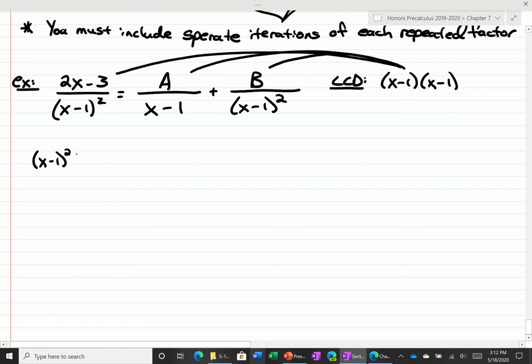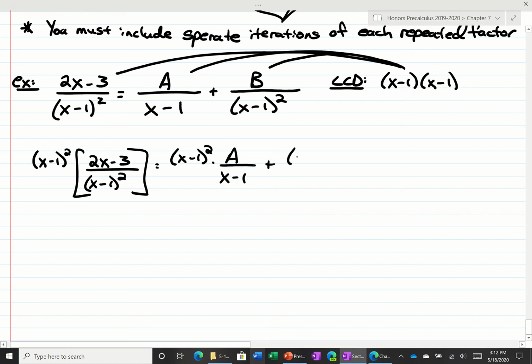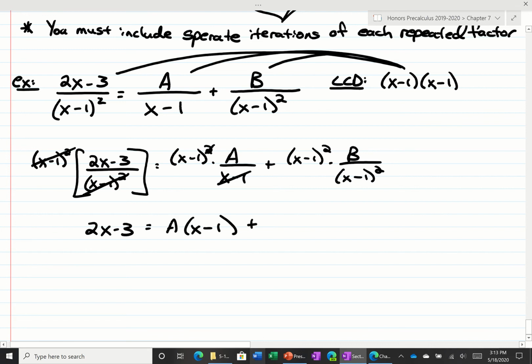X minus 1 to the second times 2x minus 3 over x minus 1 to the second is equal to x minus 1 to the second times a over x minus 1 plus x minus 1 to the second times b over x minus 1 to the second. These cancel, and we get 2x minus 3. One of these cancels with one of these factors, and we just have a times x minus 1. And then we're going to cancel these, and we're just going to get b by itself.